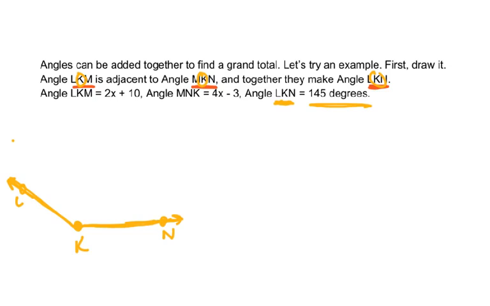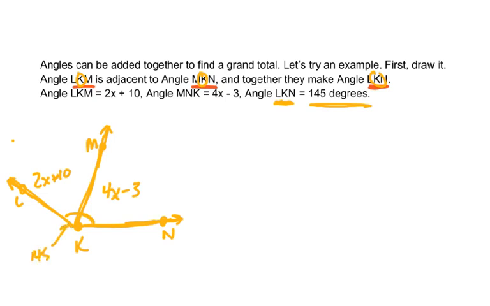I know that these other two connect at M, so I'm going to go up and put an M. So LKM is 2x plus 10. MKN is 4x minus 3. And this whole thing is 145.